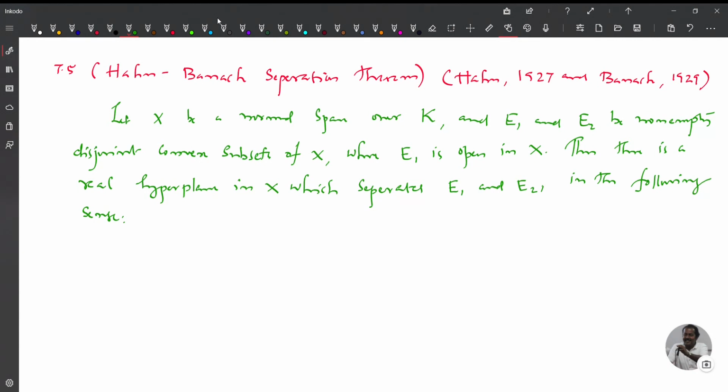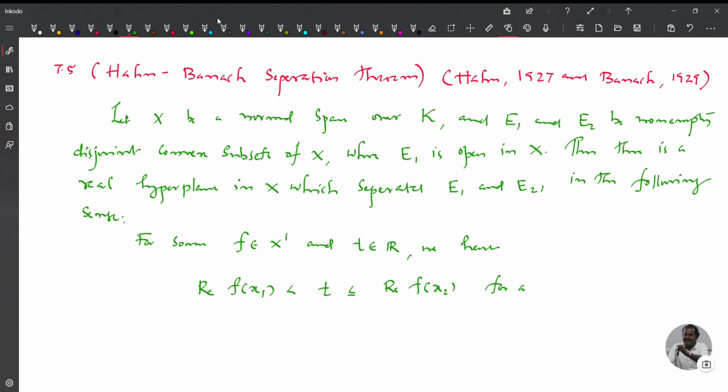For some f in X*, and T belongs to R, we have real part of f of x1 less than T less than or equal to real part of f of x2 for all x1 in E1 and x2 in E2.